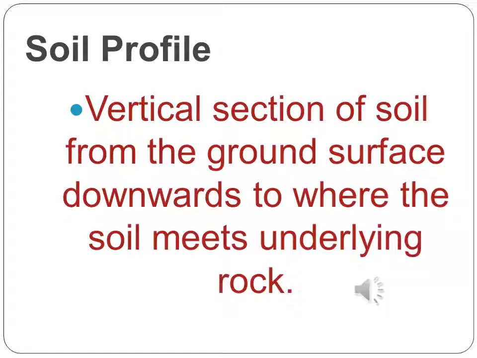As you know, soil is the topmost layer of the earth's crust, mainly composed of organic matter, minerals and rock particles that support life. So soil profile is a vertical cross section of soil made of layers or horizons running parallel to the surface, and these layers are also known as soil horizons.